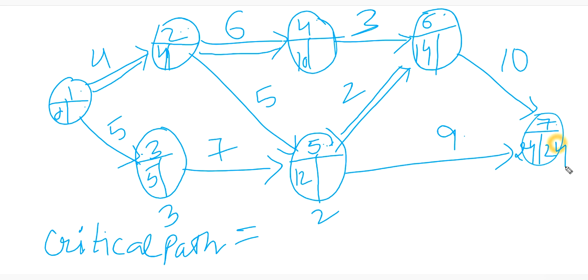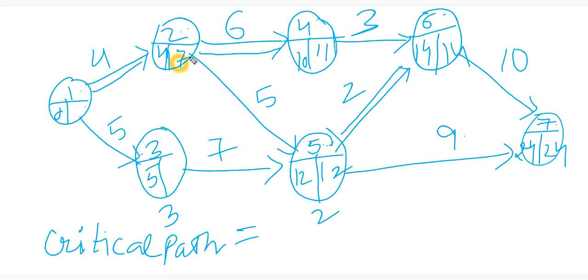So this is 24. 24 minus 10 is 14. Now 14 minus 2 is 12, and 24 minus 9 is obviously larger than 12, 13. So here 12. 14 minus 3 is 11. Here 11 minus 6 is 5, and 12 minus 5 is 7.